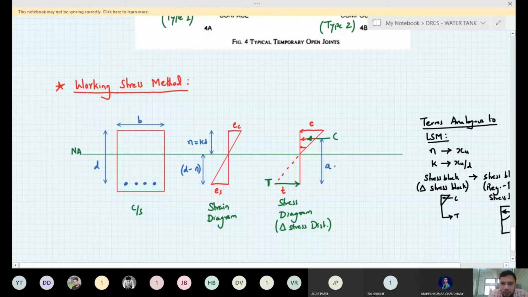Here we denote this by A, and let this A be J times D.